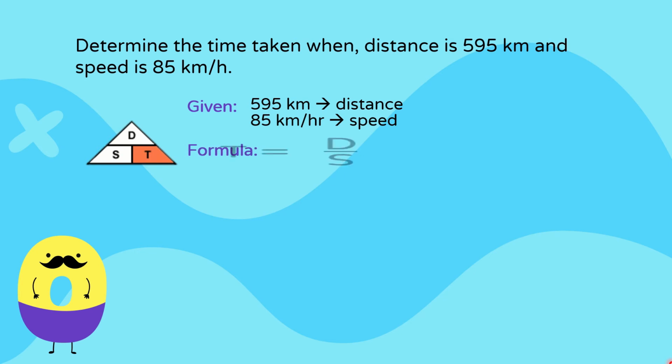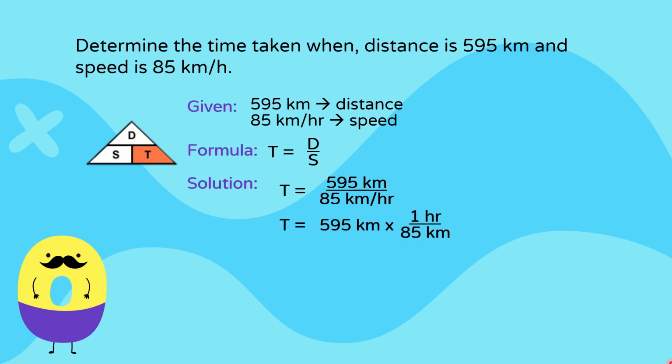So we are going to substitute the given in the formula distance over speed. 595 kilometers divided by 85 kilometers per hour. So 595 kilometers, we are going to change division into multiplication and then get the reciprocal of 85 kilometers per hour. So that would be 1 hour over 85 kilometers.